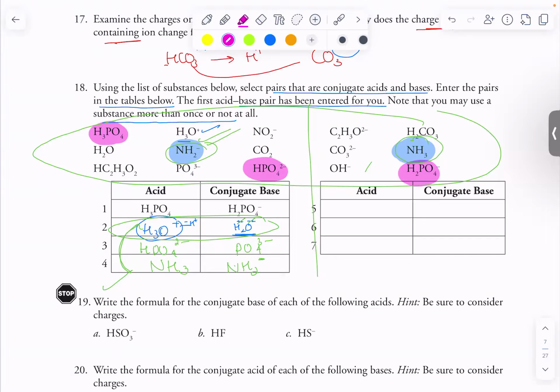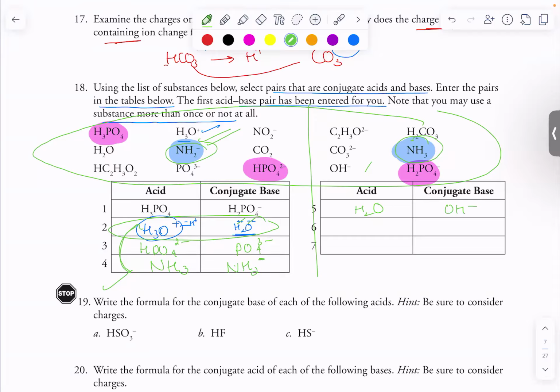What else? We are left with three. OH minus is a conjugate base, and its acid would be H2O. Okay, good. And then C2H3O2 minus is an acid, and its conjugate base would be C2H2O3 minus, but that's not in the list. NO2 minus is a conjugate base, and its acid would be HNO2, but that's not in the list.